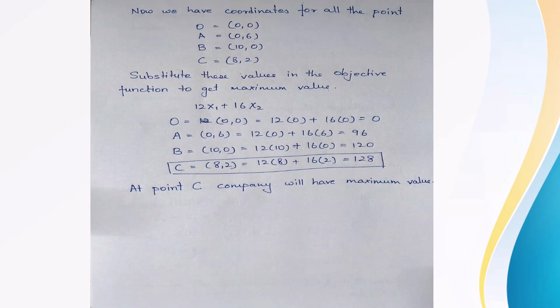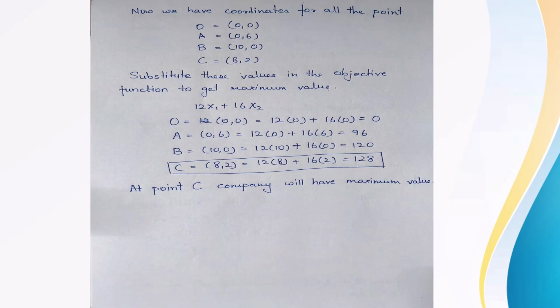Now we got the coordinates for all the 4 points: O being 0, 0, A being 0, 6, B being 10, 0, C being 8, 2. So now we got the coordinates for all the points. The last step is to substitute these coordinates in our objective function.